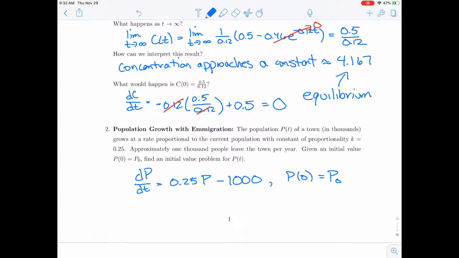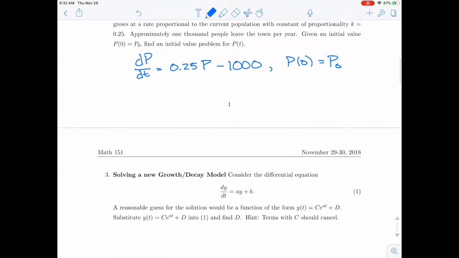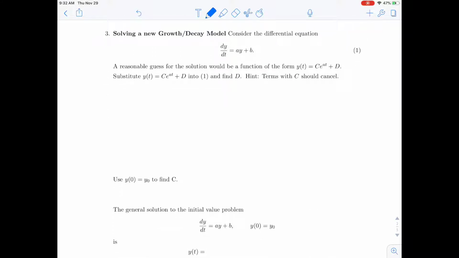Both of these two problems that we just solved have a particular form. The derivative, dy/dt, is equal to a constant times y, plus another constant rate, b. The constant a is going to be the constant of proportionality, the growth or decay rate.